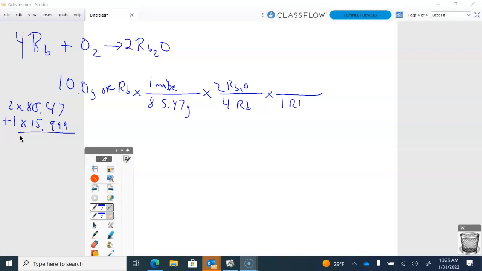So 1 rubidium oxide is 186.9. Then I multiply that by 2, multiply that by 10, divided by 85.47, divided by 4, and I get the 10.9 grams I didn't believe was the right answer a second ago. Okay, 10.9 grams, I like it.